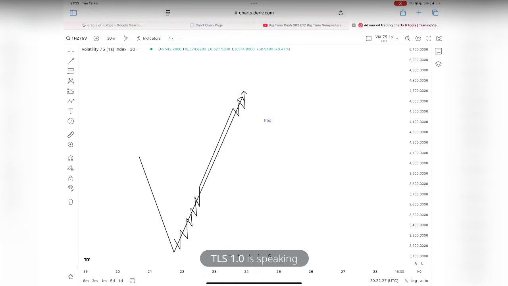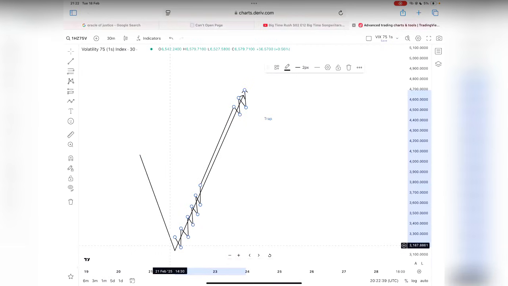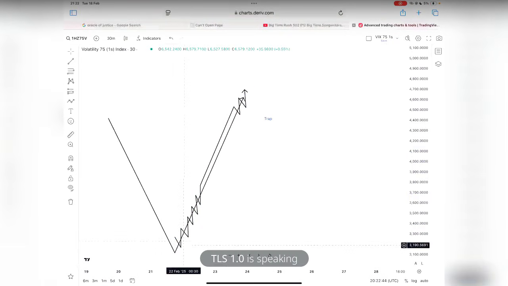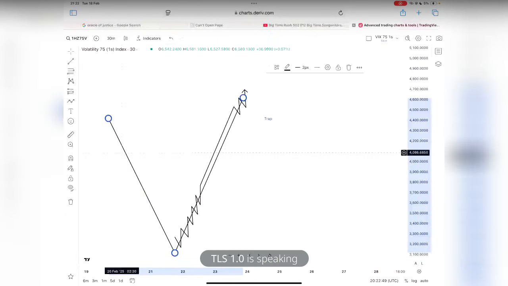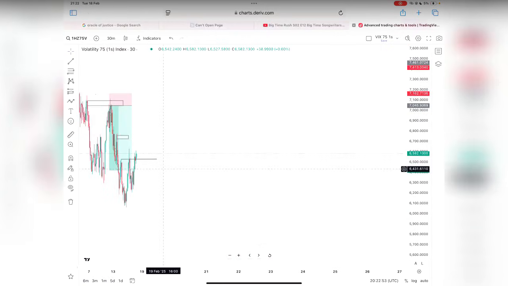That is why the trap cannot be a change of character, because the trap needs to be taken away. Everything inside the one layer is called an internal structure, and the 4 hour structure on its own is called an external structure.